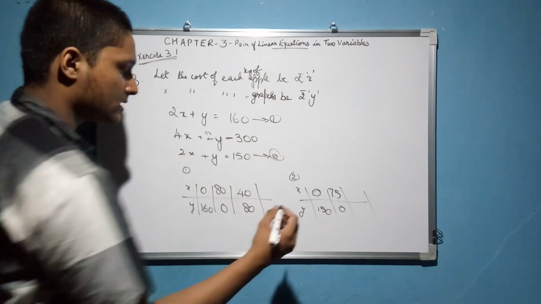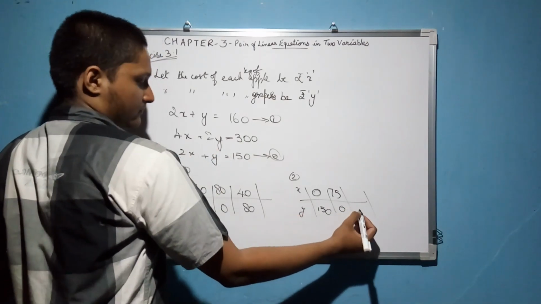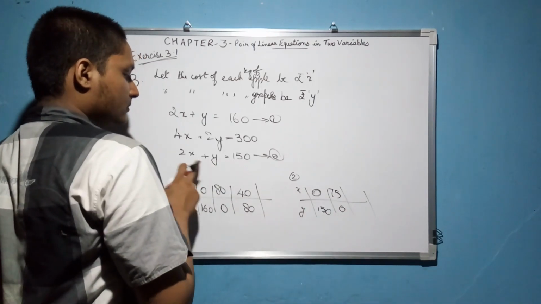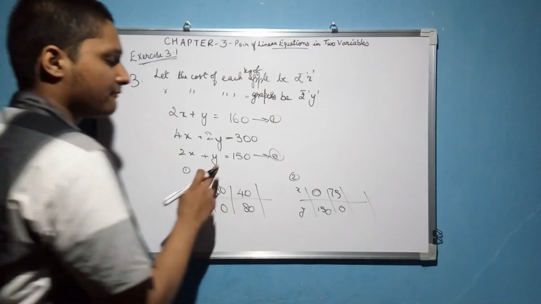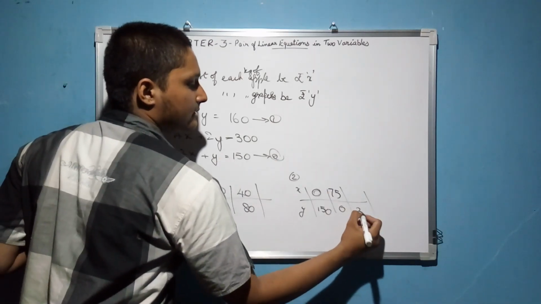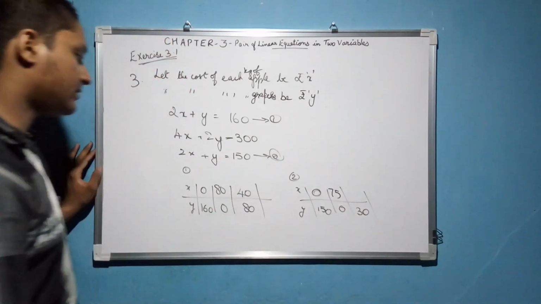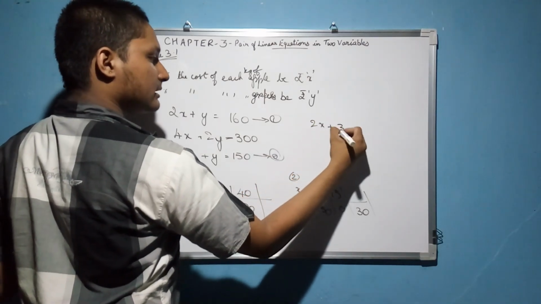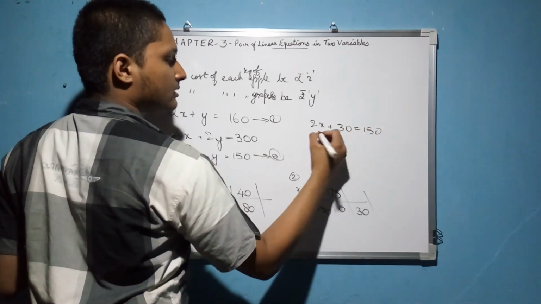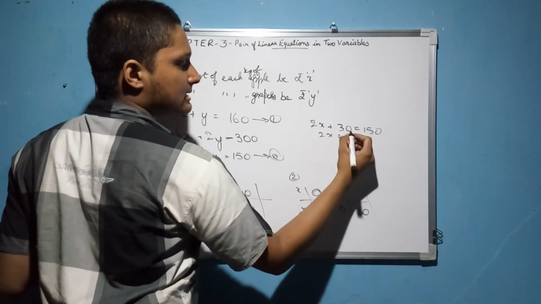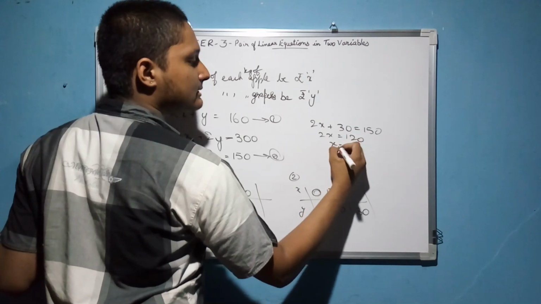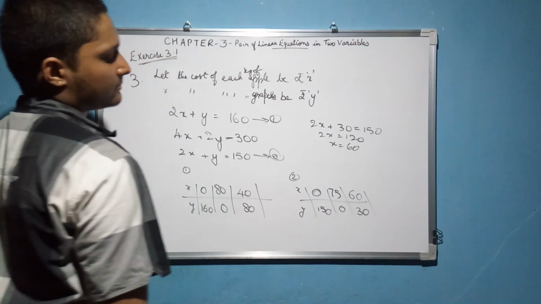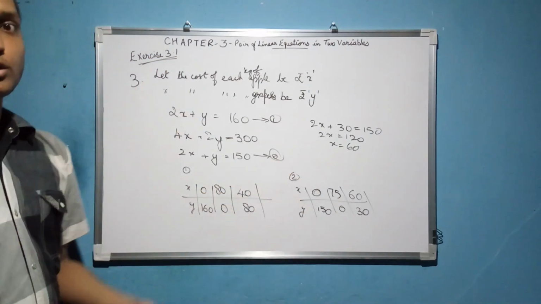I'll take y to be 30. So 2x plus 30 is equal to 150. 2x is equal to 150 minus 30, that is 120. x is equal to 60. So you're getting 60, 30. So with these points, just plot that.